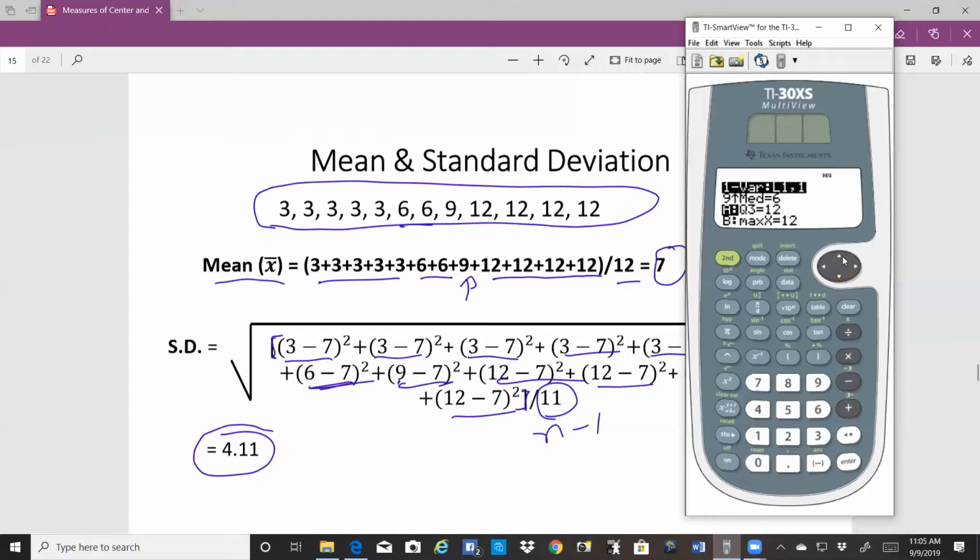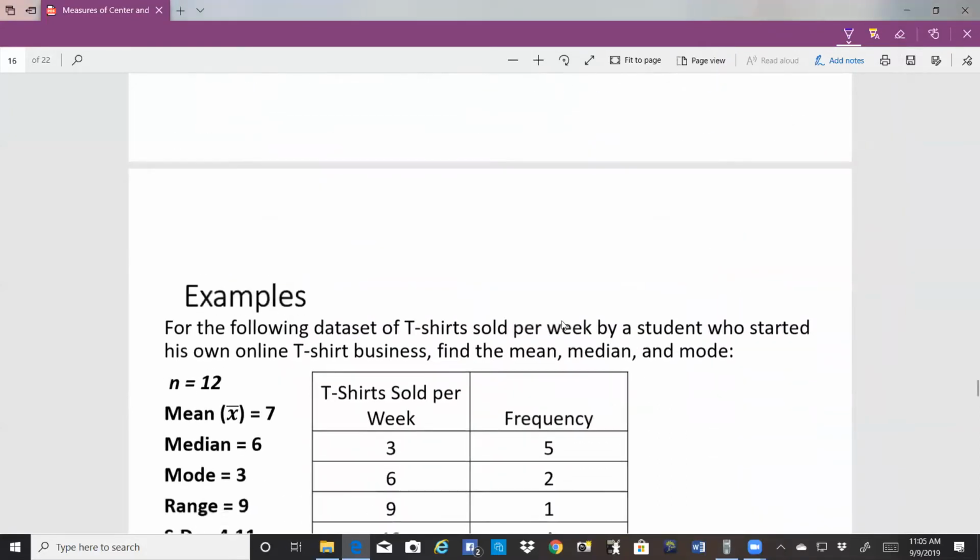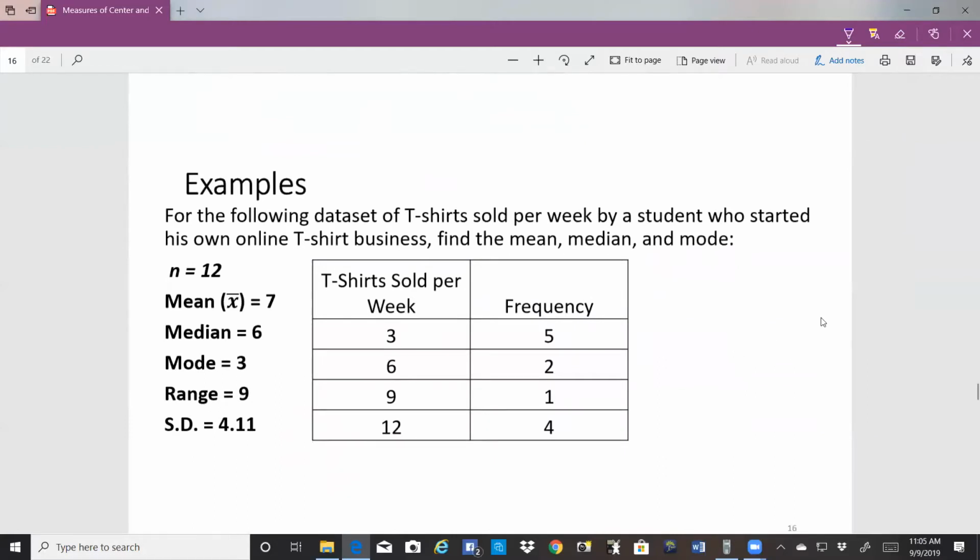Notice the maximum is 12 and the minimum is 3, so the range is 9. So now we can summarize the data on this data set. The mean is 7, the median is 6, the mode was 3, the range was 9, and the standard deviation was 4.11.